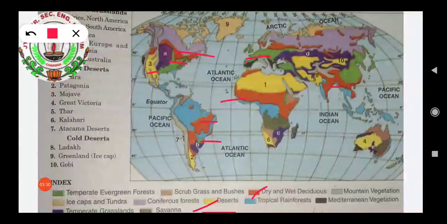In North America, South America, some major parts of Africa, and also some parts of India, deserts are found. So with the help of this index and this map, we can understand the various world vegetation types.